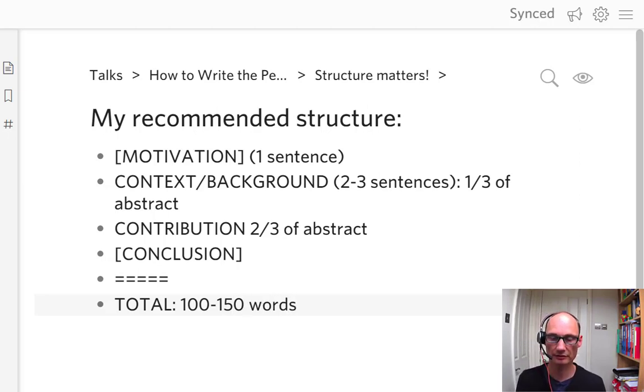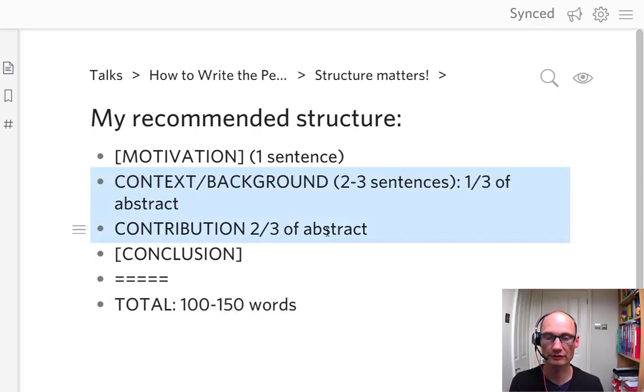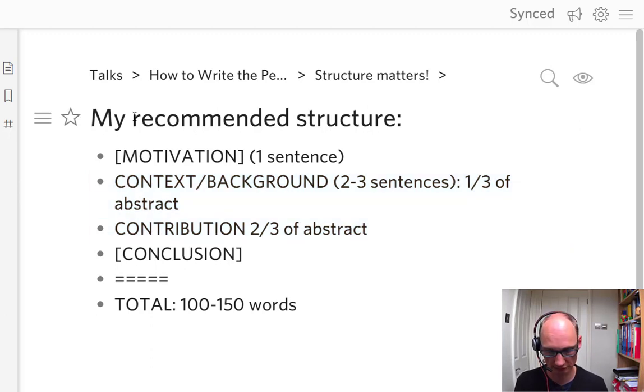Sometimes you are given some guidelines of how much you have to write, but usually around 150 words is a good guideline. And then what you could do as well is optionally have a conclusion, maybe 1 sentence of conclusion. But really the main thing you definitely always have to have is that kind of division into the context and the contribution. It's very important that you do that. Okay.